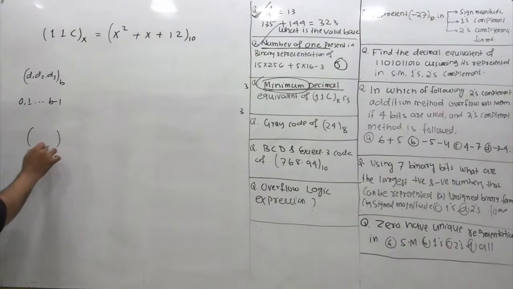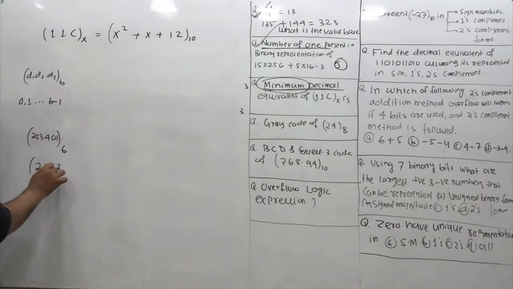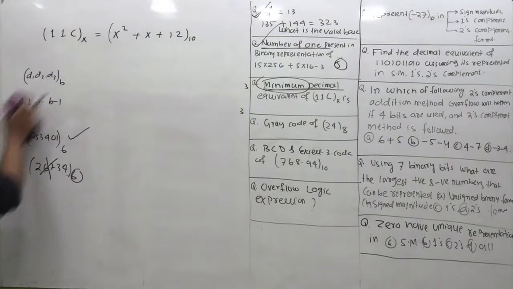If the base is 6, then I can have a number like 2, 3, 4, 5, 0, 1. But if somebody says it is 2, 6, 7, 3, 4 in base 6, this is nonsense, because at max it can contain the digit 5, not even 6. So this is valid, but this is not valid because 6 and 7 are not allowed in base 6.